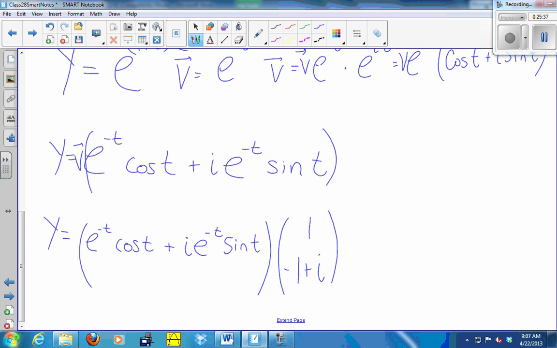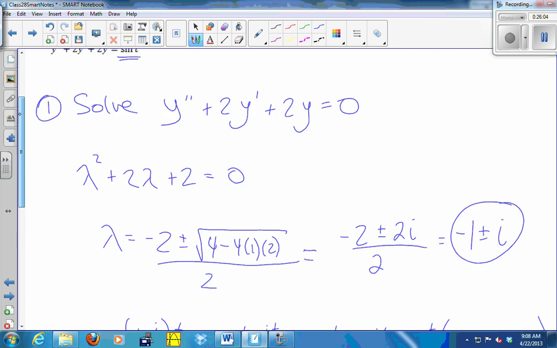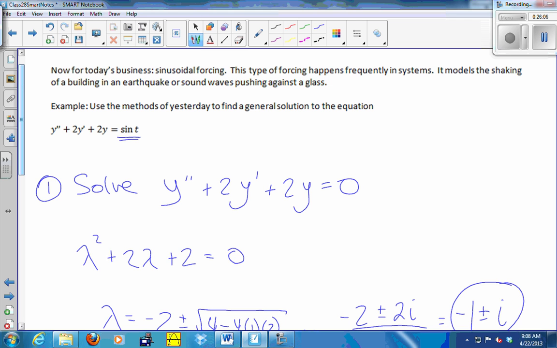I'm really only interested in the scalar solution y of t. I don't really care what v of t is, so I don't even have to look at that part. I can just use the 1 here. This is a vector valued function giving me y and v as the two components, but I really am only interested in a scalar solution. What is my function y of t?